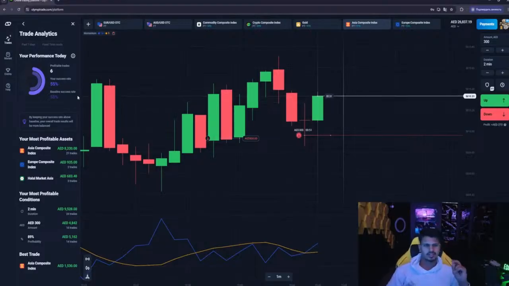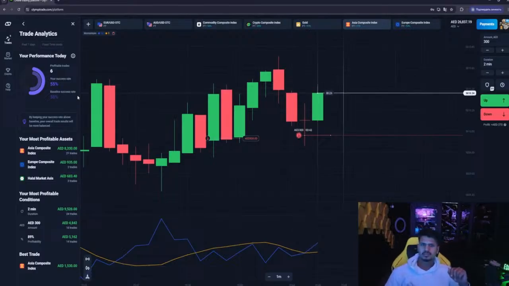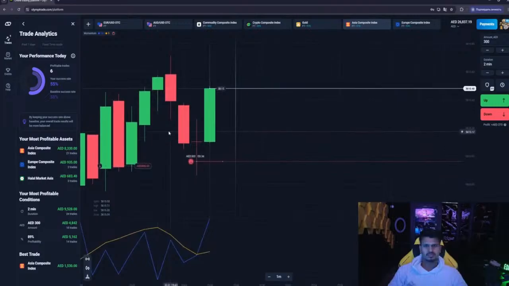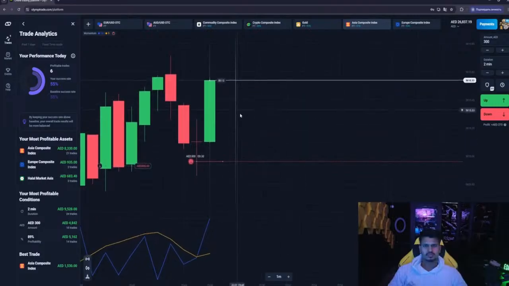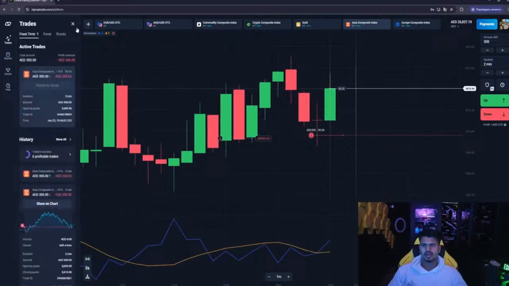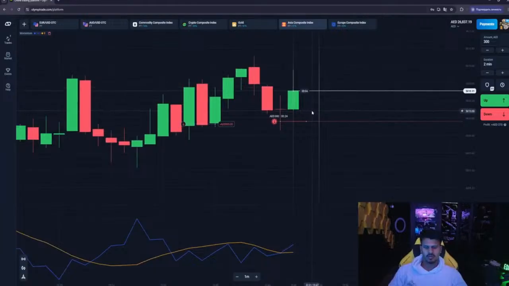So guys, what do you think now? I am thinking that it will move in the upward direction. Okay, so let's come back to the point. 16 seconds remaining, but it doesn't seem like it will give the profit because it's exactly moving in the upper direction at this moment.